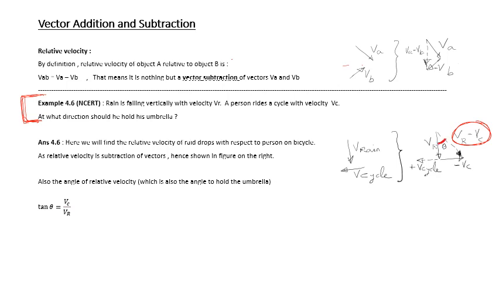So this angle theta, of the resultant raindrops with respect to cyclist, is such that tan theta is VC divided by VR. Of course, direction doesn't matter because here we are trying to find the angle. So it will be magnitude of VC divided by magnitude of VR. That is the angle at which the cyclist should hold his umbrella.